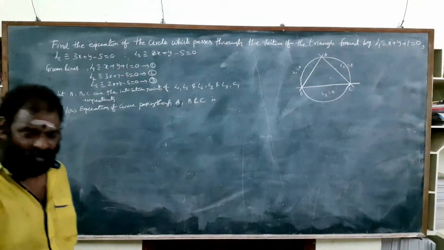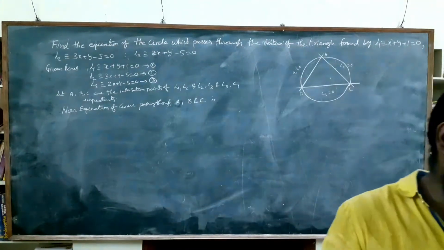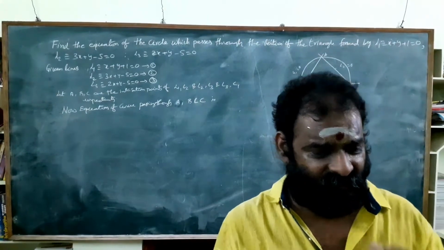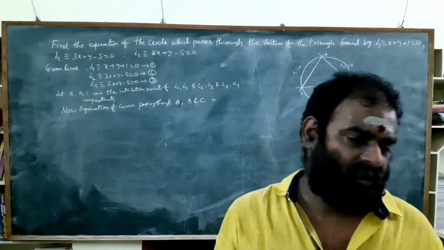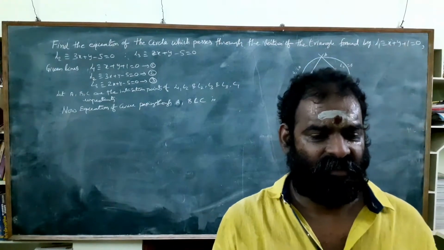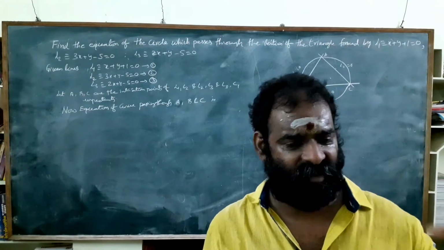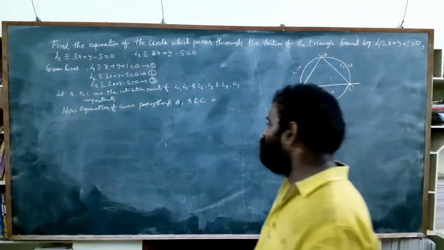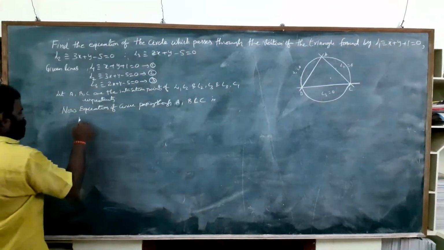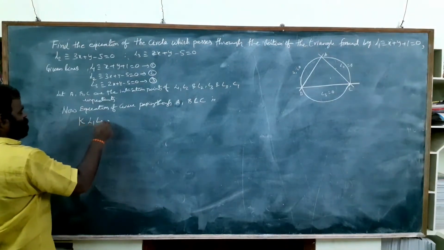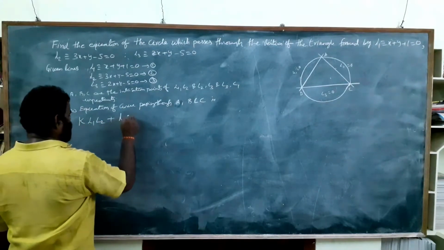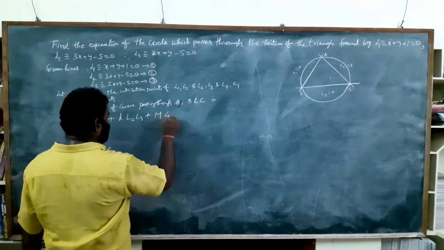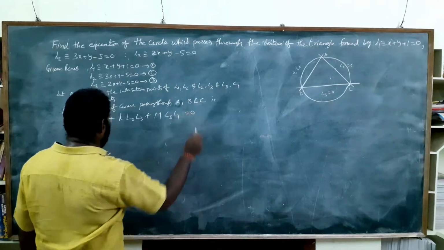It is a very important rule which we learned in straight lines. If L1, L2, L3 are three different lines intersecting at three different points, then the second degree equation of a curve passing through these points is K into L1 L2 plus L into L2 L3 plus M into L3 L1 equal to 0.